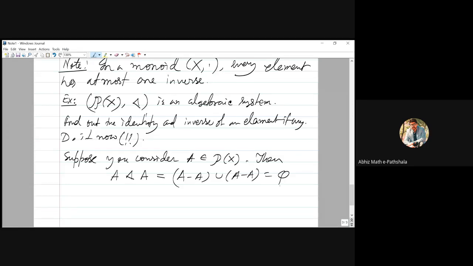So it is phi, right? So this implies A is the inverse of itself. So A is the inverse of itself, right?